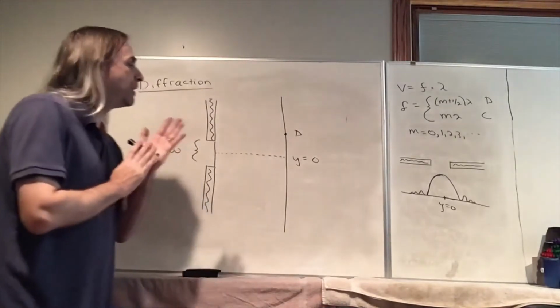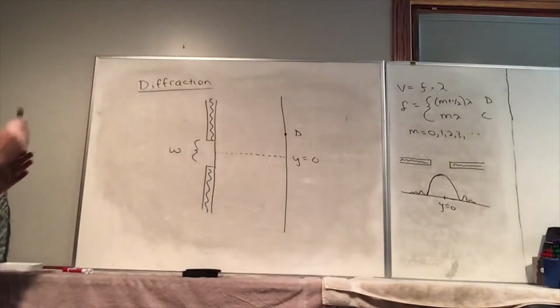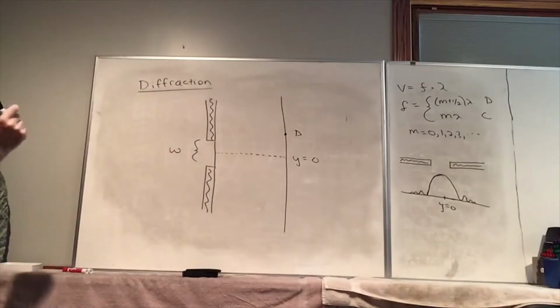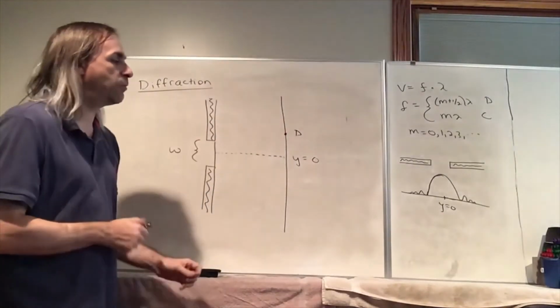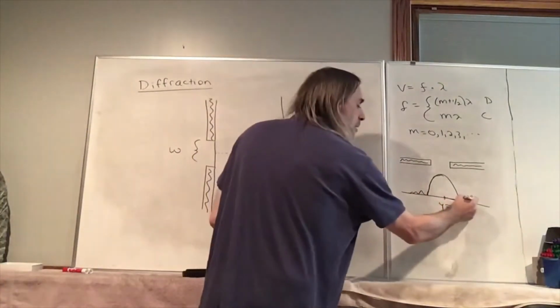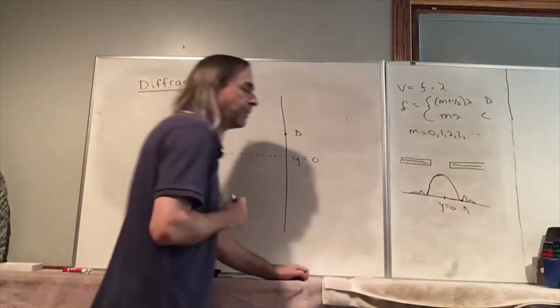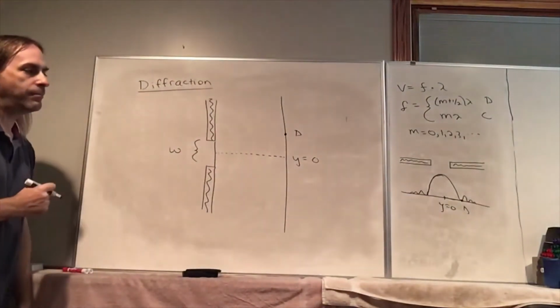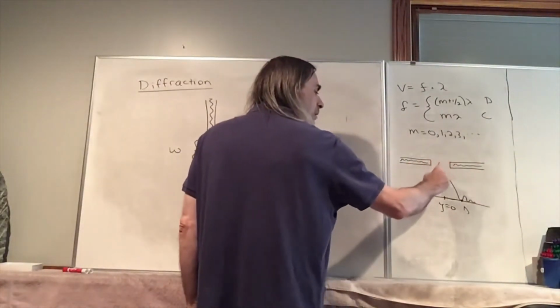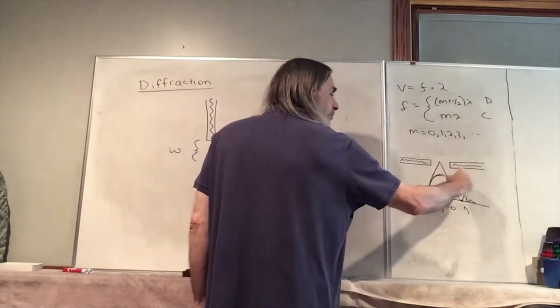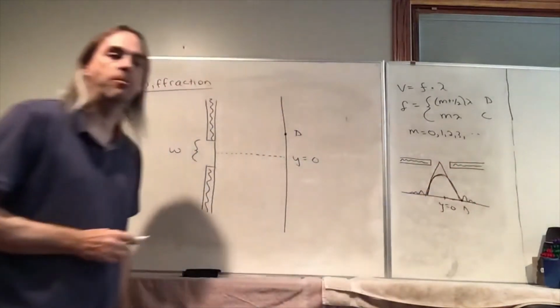So what we're going to do, let's just look at that point D. That point where we move away from the first place we get destructive interference. That's point D. And basically, let's draw this triangle here. Now again, this is just a two-dimensional picture.